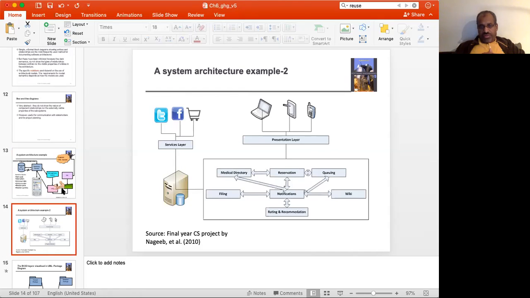Another system architecture example. We'll say, okay, we've got a central suite or subsystem that has all these components in it, and it interacts with the presentation layer. And then there's something called service layer, which interacts with other pieces of software or services, web-based services in that case, or cloud-based services.